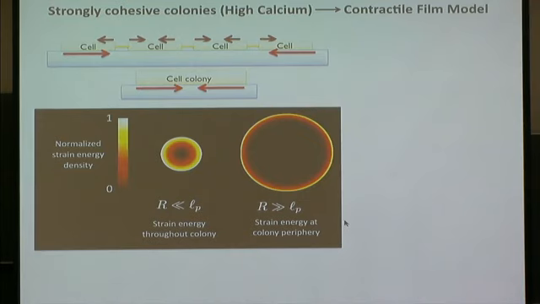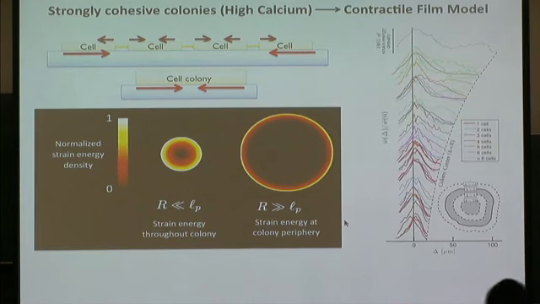Whereas if you look at larger cell colonies, you'd see a sharp ring at the edges. This was seen experimentally too for cell colonies of 1 to 30 cells: for larger colonies there is a decay at a much smaller length scale, and for smaller colonies there is a spreading of strain energy throughout the colony.